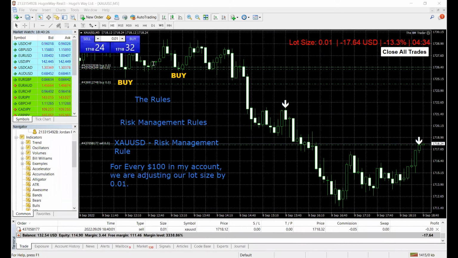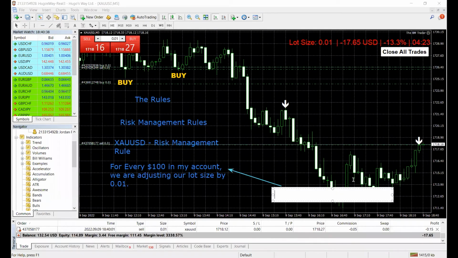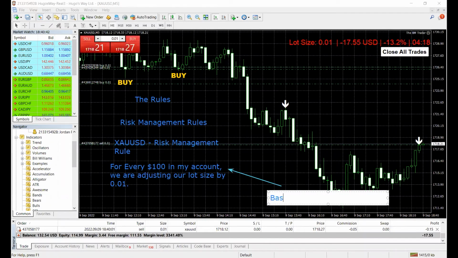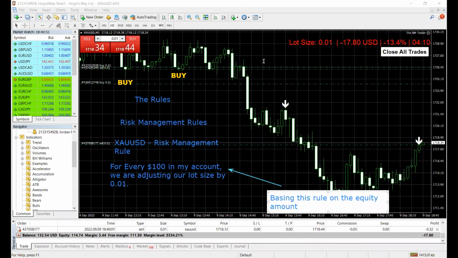So this rule right here, let's make an arrow. We're basing this rule on the equity amount for our strategy.